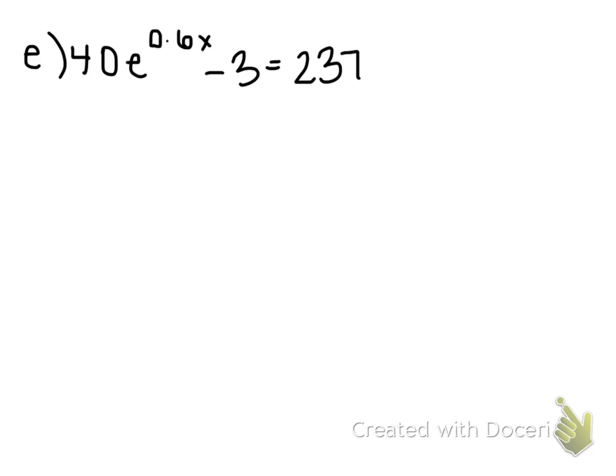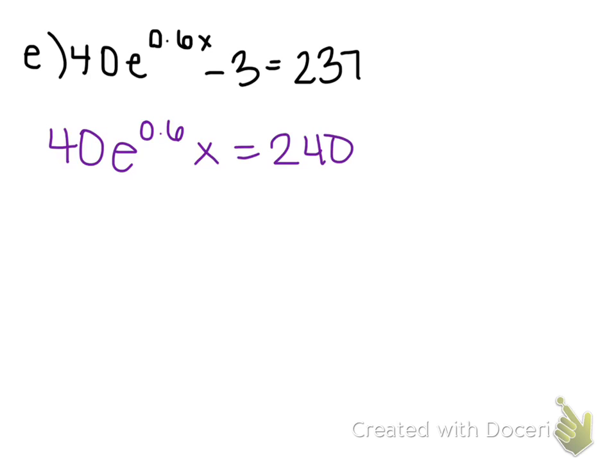Okay, so the last one is still going to be what we call putting it in log form. The only thing that's different is our base is e and not a number, so we're going to use natural log. I've got to get the base by itself as much as possible, so I'm going to add that 3 over. So I'll have 240, divide both sides by the 40 to get e by itself, because remember e is the base.